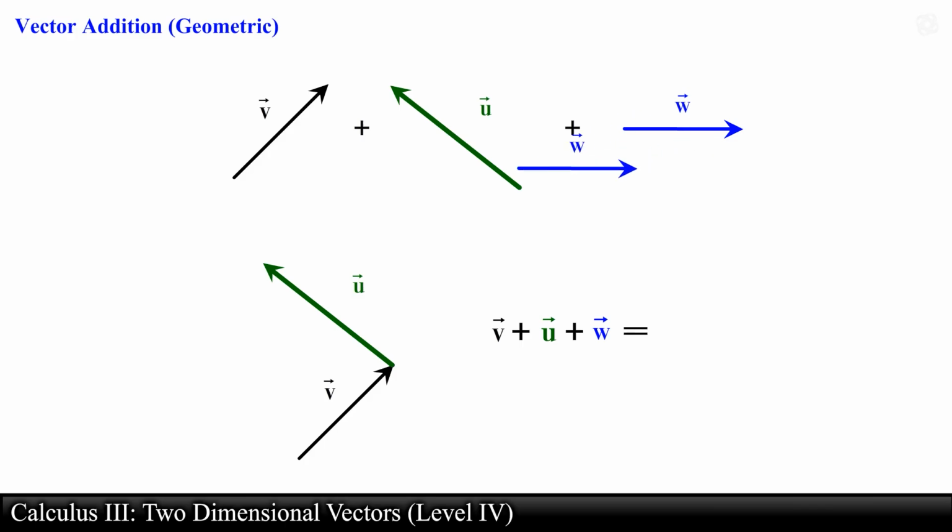Then, we would move vector w so that its tail coincides with the tip of vector u, as follows. Then, the resultant vector will be the vector that starts from the initial point of vector v and terminates at the tip of vector w. Again, the order in which the vectors are added does not matter. In the end, you should obtain the same resultant vector.